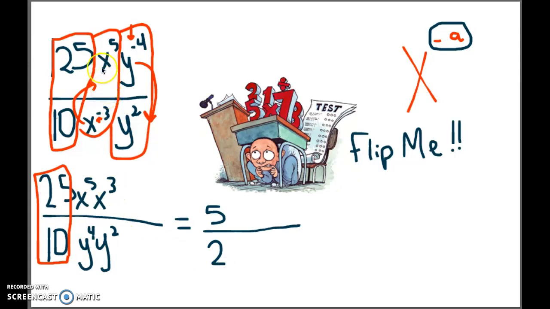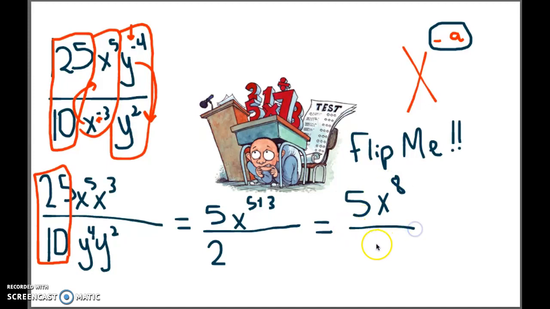Now I can see that I have an x to the 5th and an x to the 3rd, which is basically 5 x's in a row plus 3 x's in a row. So my final numerator answer is going to be 5x to the 8th.